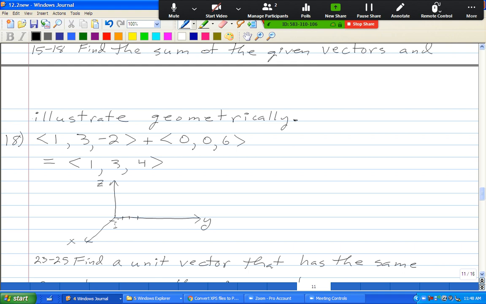Maybe I'll do green. So this is my vector. It's hard to tell, but it's going down. It's supposed to be going downwards, so it's going into this tablet here. Okay, next, maybe I'll do purple. And so this is the point 0, 0, 6. So 1, 2, 5, 6. Okay, so that's this vector.